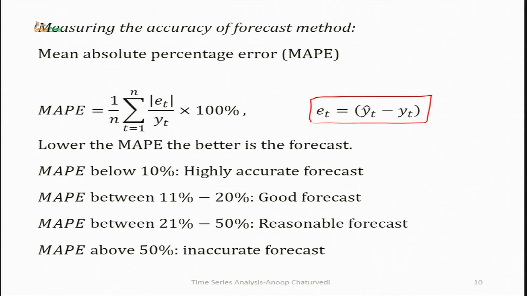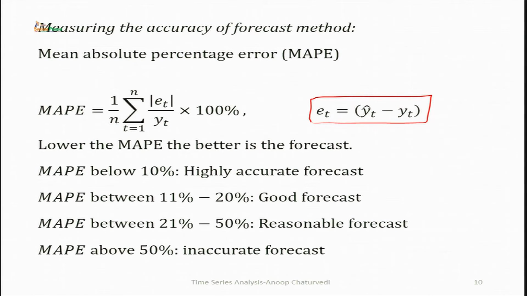So, what you get? Absolute percentage of error, means absolute percentage of error with respect to y t, and then you take the mean of these absolute percentage errors. So, you take summation from t equal to 1 to n and divide it by n.